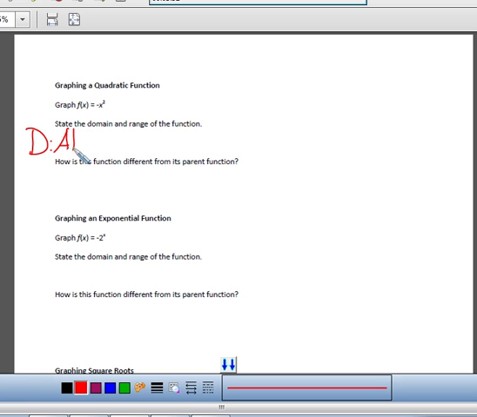So for this one, I'm going to write all real numbers. Now some of you might be saying, well, what's that mean? Well, it's the same as what we've done before, negative infinity to positive infinity. This is just another way to write it.